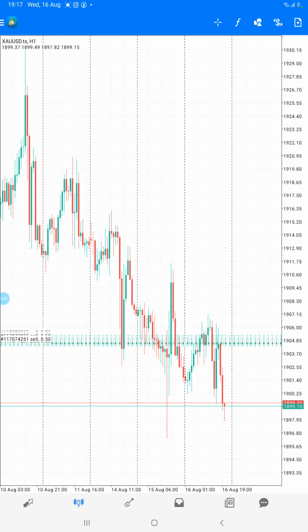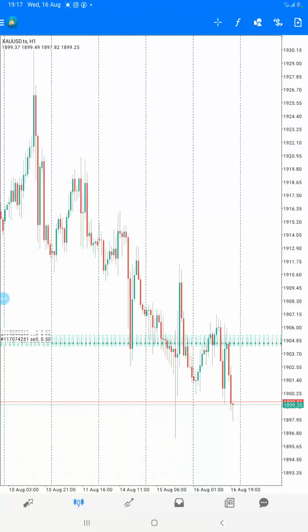If you can check, when fundamentals come and other traders get confused on what direction the market is going to go, we don't get confused. If you can check, there's a bar here. Let me show you this bar.